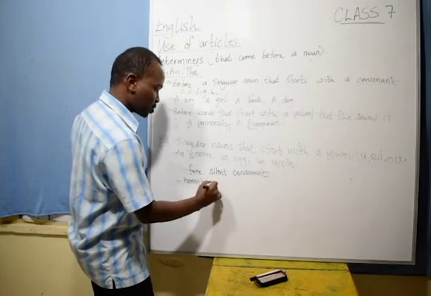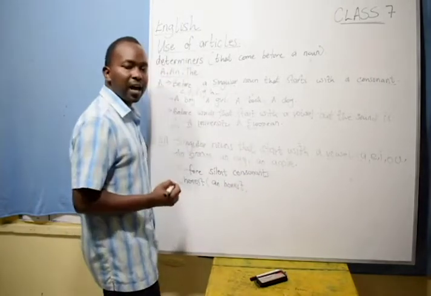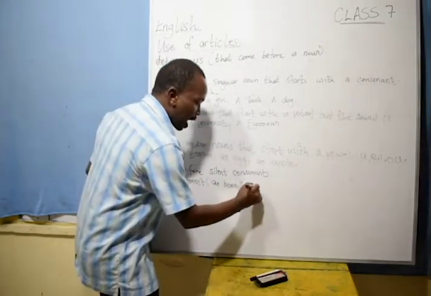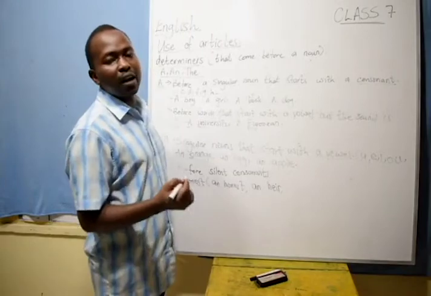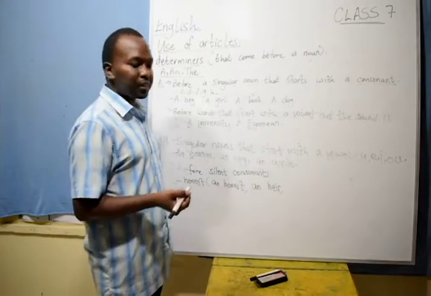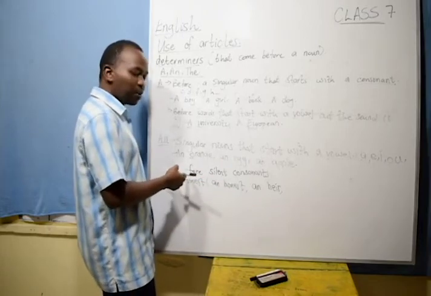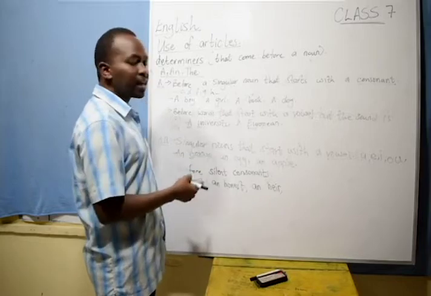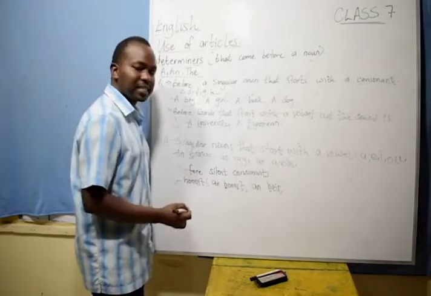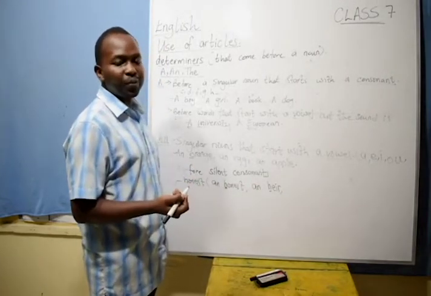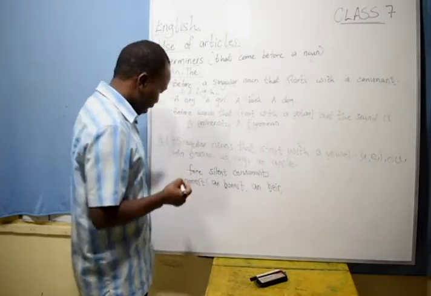We're going to say I saw an honest, or he is an honest child. We have an heir. He is an heir to his parents' property. These are just a few examples of how we use article an. Therefore, it is important to notice these silent letters in the words that you want to pronounce, so that you can know whether to use article a or article an.